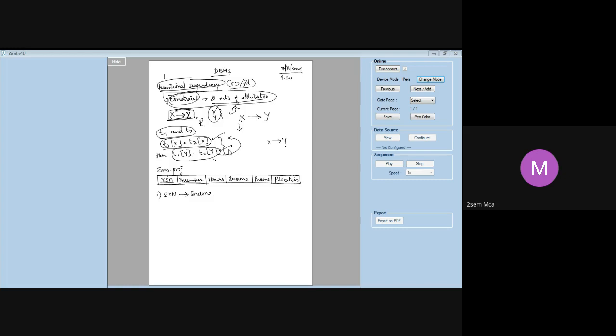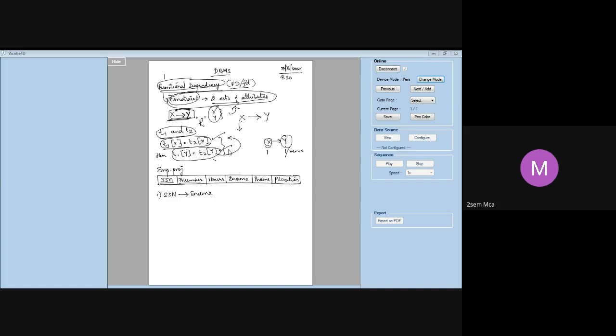A set of attributes can be a collection of attributes or just one attribute. That's also fine. Here also Y can be just one attribute or more than one attribute. Now, look at this first example: SSN implies ename. X is an attribute, Y is also an attribute. SSN is an attribute, ename is also an attribute.